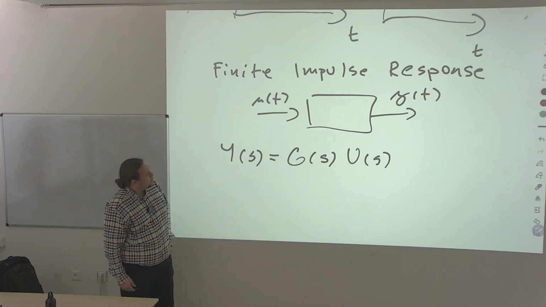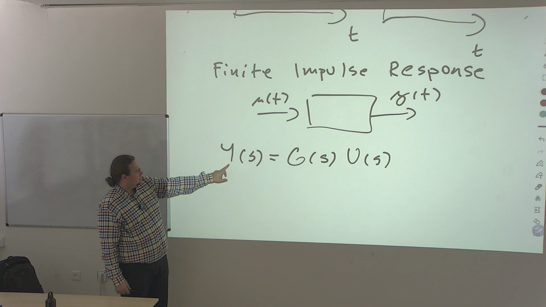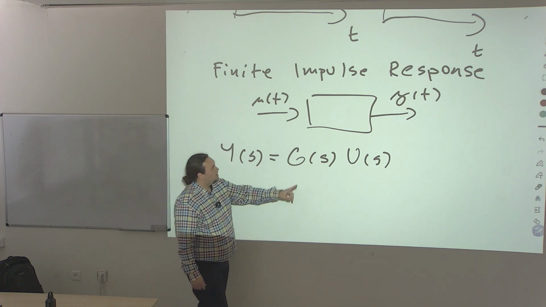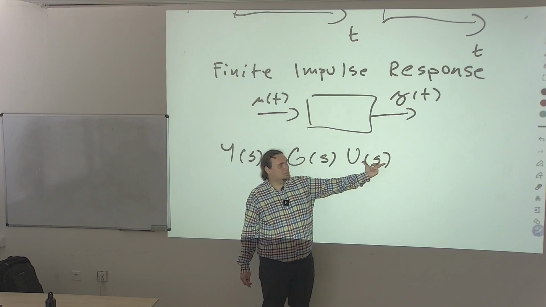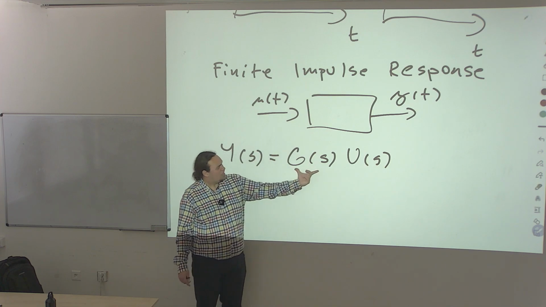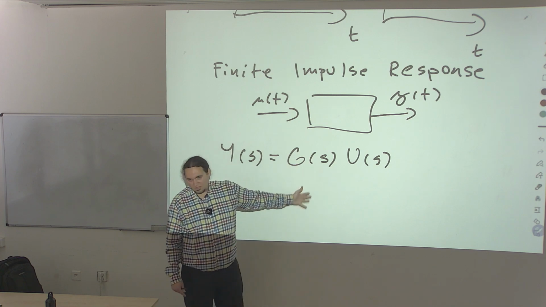Why is it so? In the Laplace domain, we can calculate the output based on, of course, the input that influences the system, and based on some representation of the dynamics.